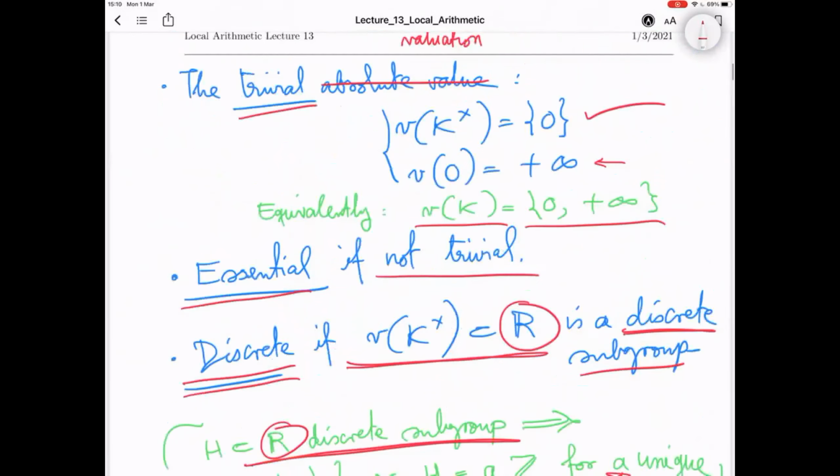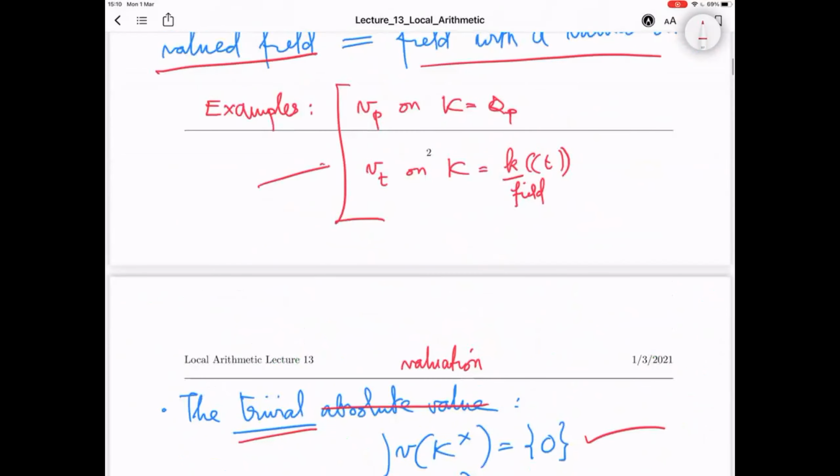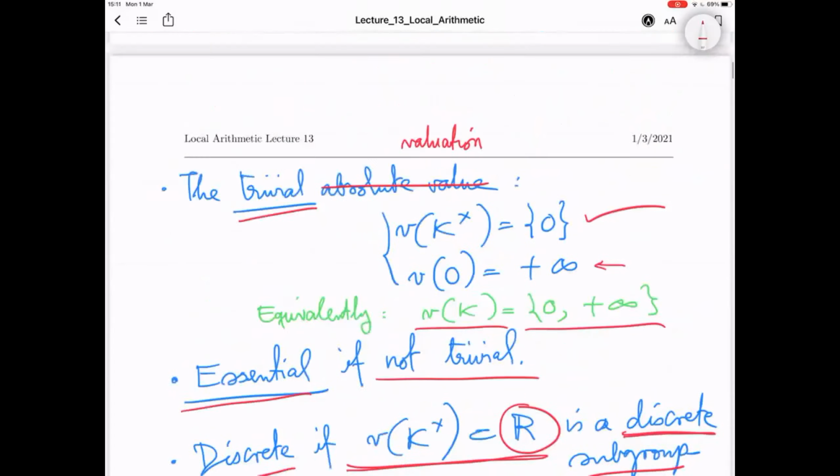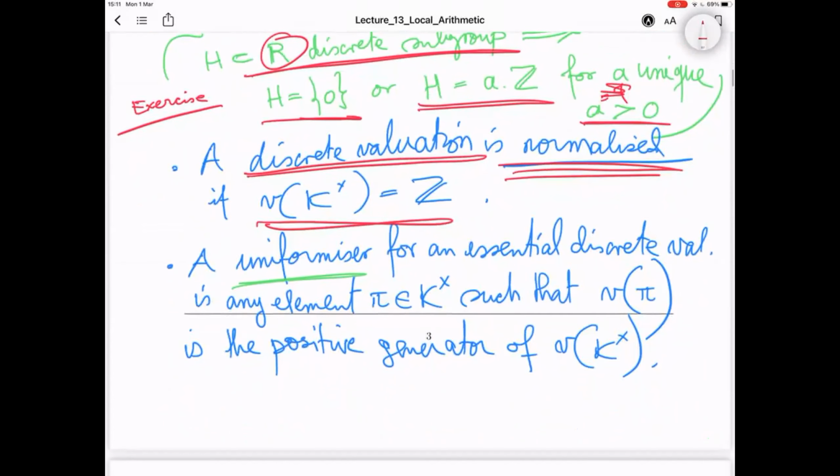So for example, these two, VP and VT, are normalized discrete valuations, right? Because VP of QP star is equal to Z, and VT of K star here is also equal to Z.